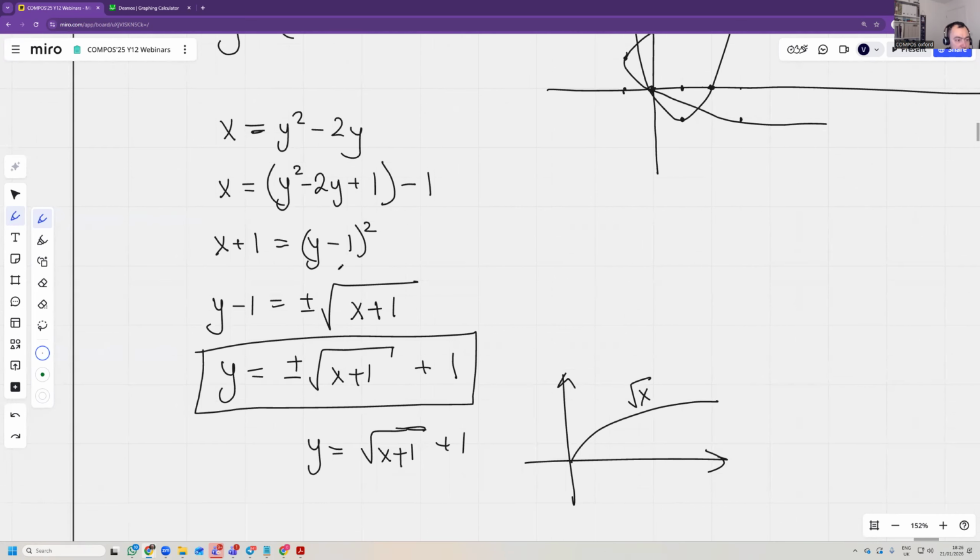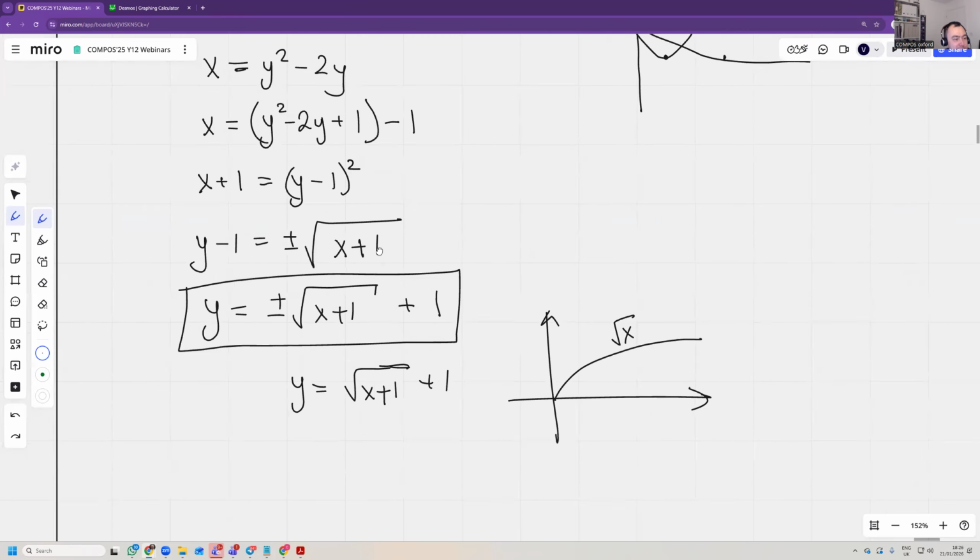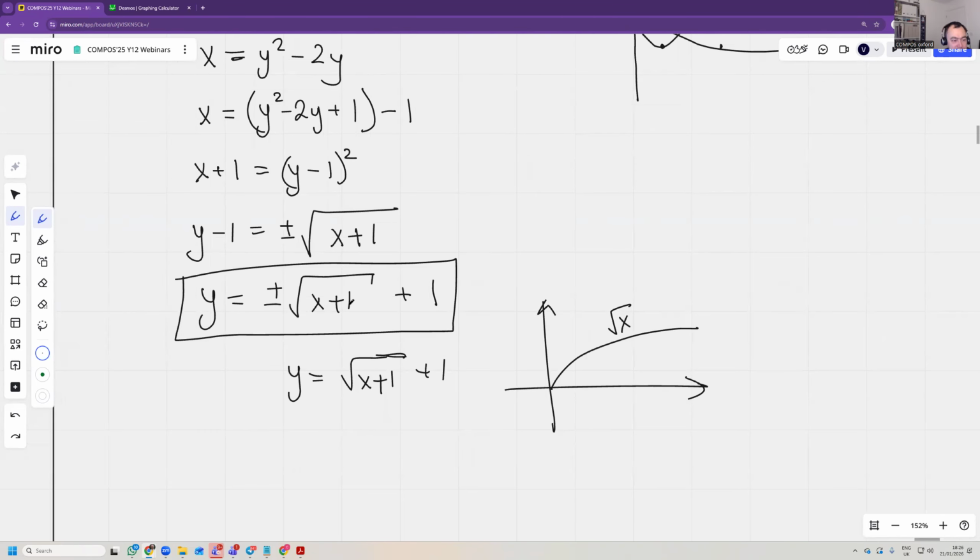Because it's y squared minus 2y plus 1, and then minus 1, so y minus 1. Y minus 1 is plus or minus square root of x plus 1, minus 1.